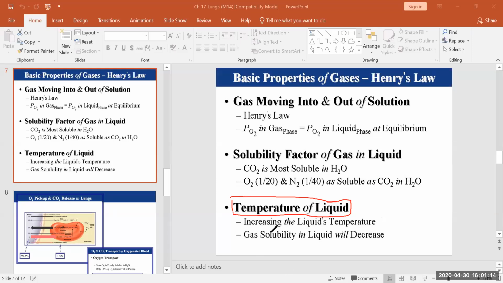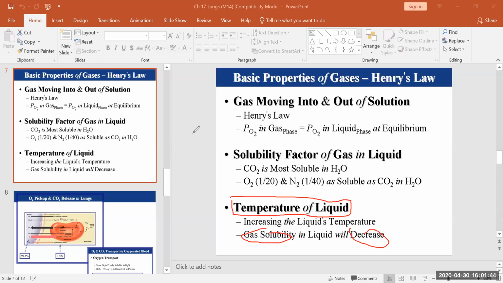So the relationship between the liquid's temperature and the gas solubility is inversely proportional. The higher the temperature of the liquid, the lower the gas being soluble in the liquid, because you are basically giving energy to that gas to escape from the liquid.